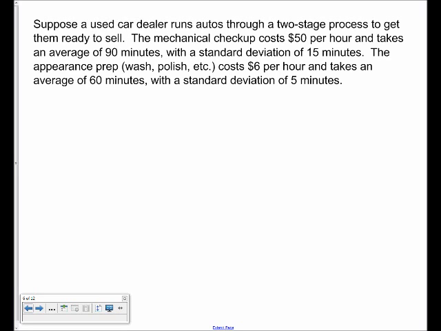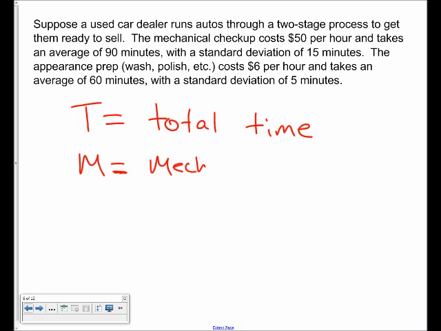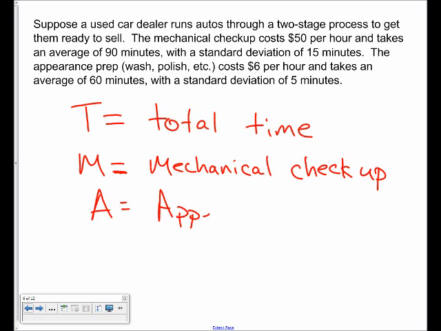All right, so I'm going to define a few of these random variables. I'm going to let t equal the total time. I'm going to let m represent the mechanical checkup. And then I'm going to do a for the appearance prep.